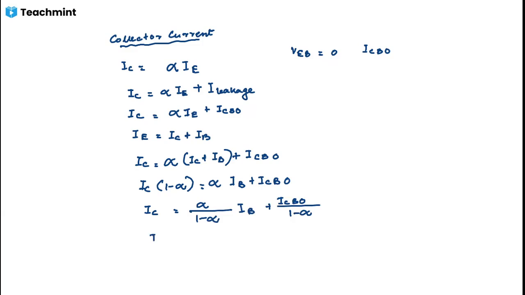So IC equals alpha by (1 minus alpha) into IB, plus 1 by (1 minus alpha) into ICBO. Hence, the above derived is the expression for collector current. The value of collector current depends on the base current and leakage current, along with the current amplification factor of the transistor in use.